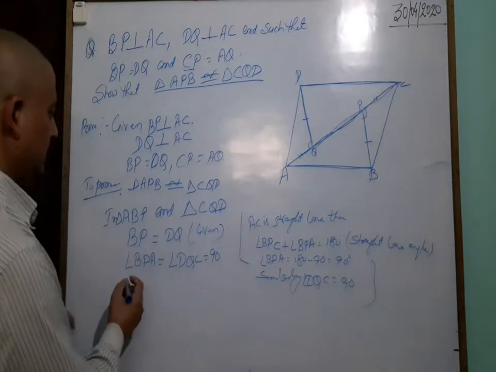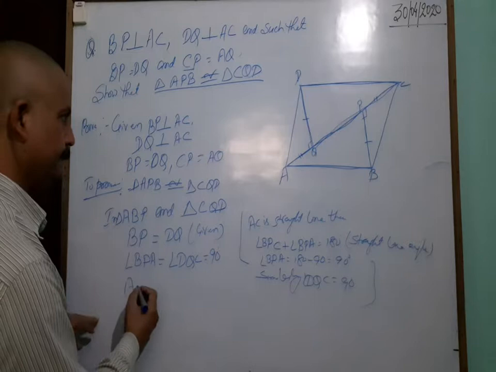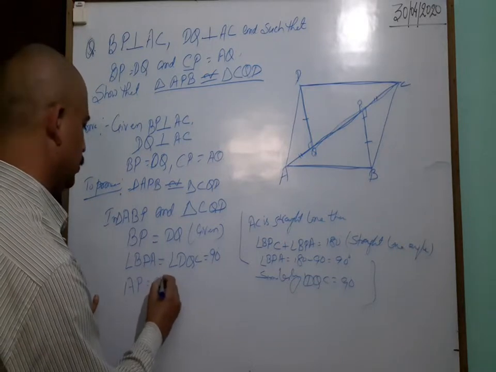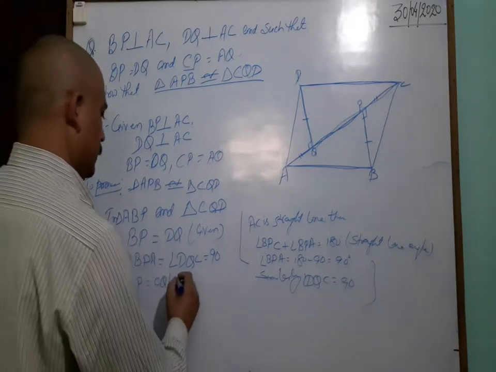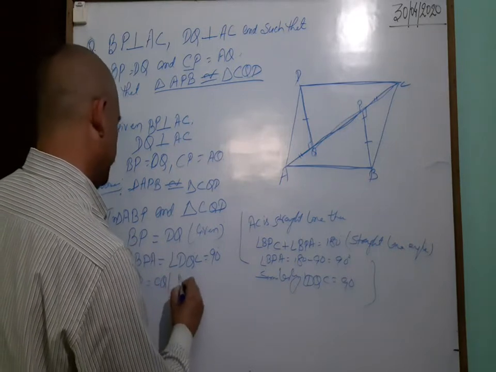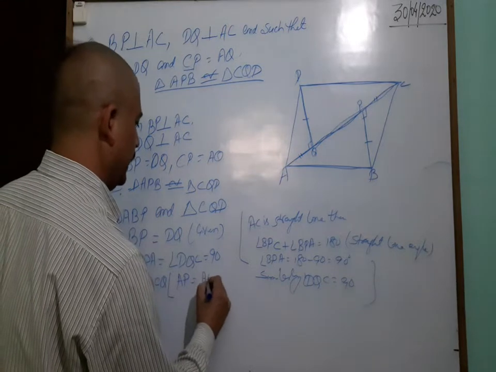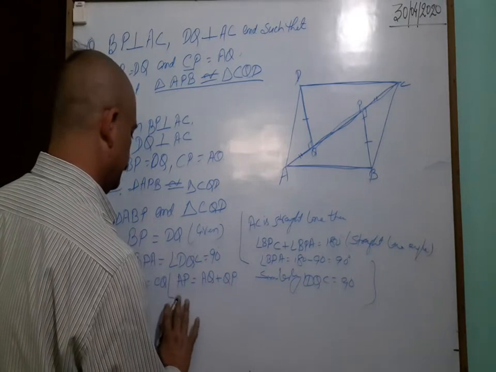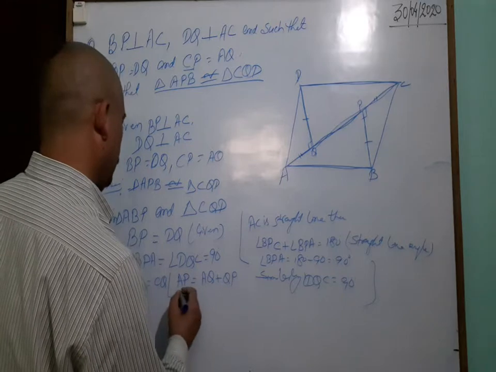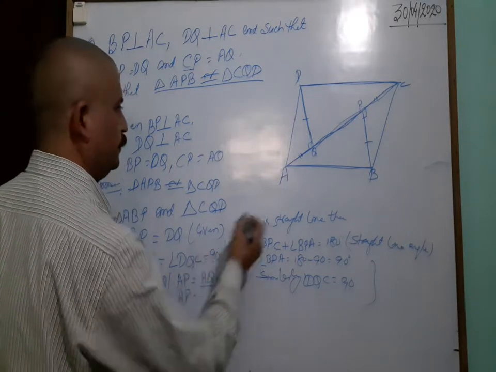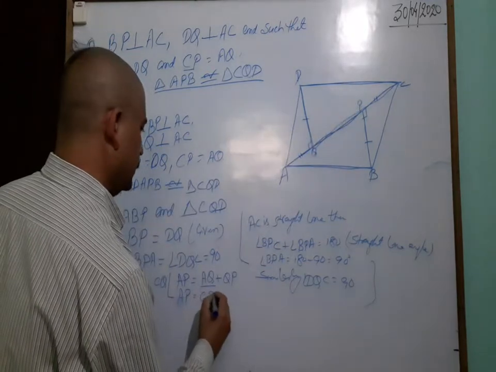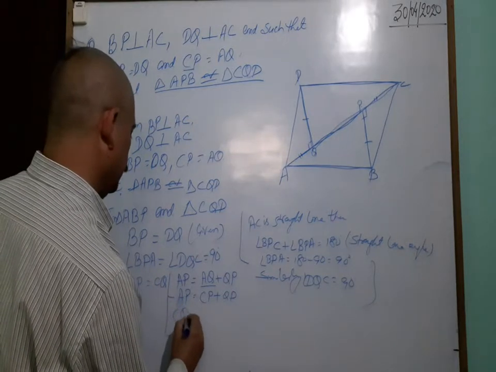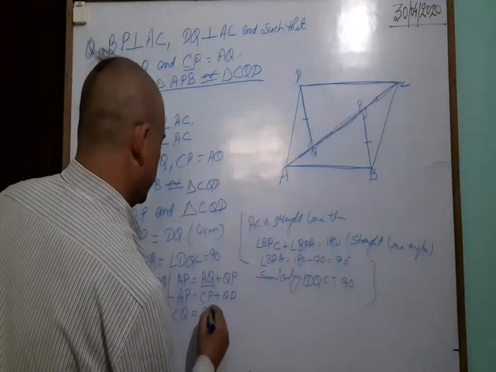Next, AP equals CQ. AP equals AQ plus QP, and QC; AQ is also equal to CP, so CQ is equal to CP plus QP.